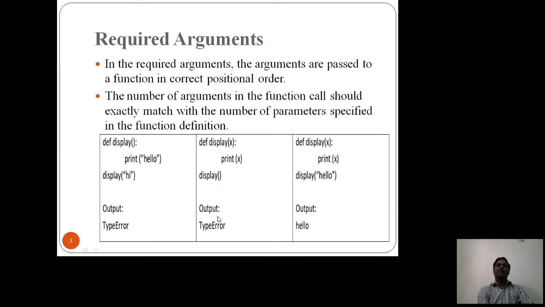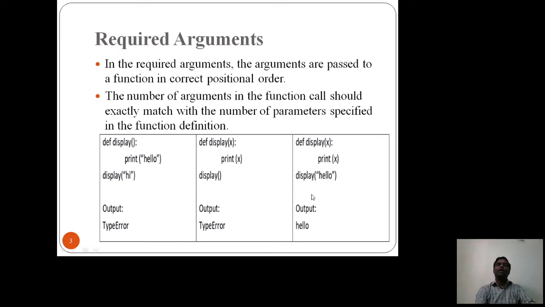Then again it's giving a type error. In the third example, we have a definition display x and print x. I am calling this function with one argument, hello, so the number of arguments and parameters is equal, and it's not giving any error, and I am getting output as hello. This is what we call required arguments.